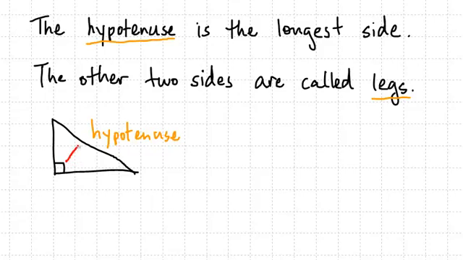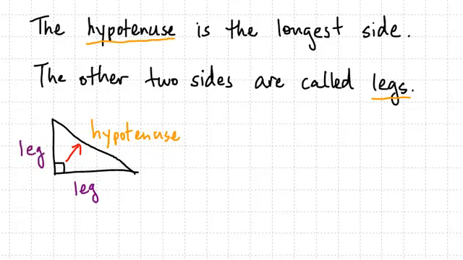Look at what the right angle is, go across the triangle, and we'll get to the hypotenuse. Okay. The two sides that are attached to the right angle, or that make up the right angle, these are the sides that we call legs. So this is a leg, let's say. And this is a leg.